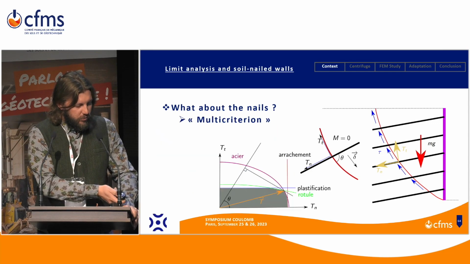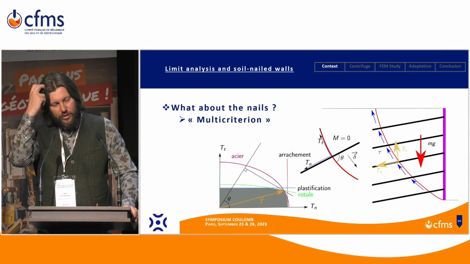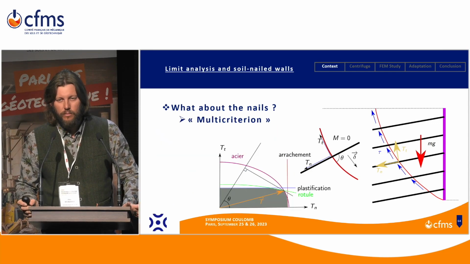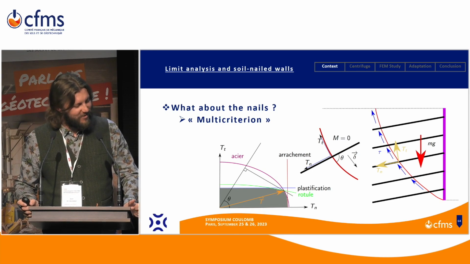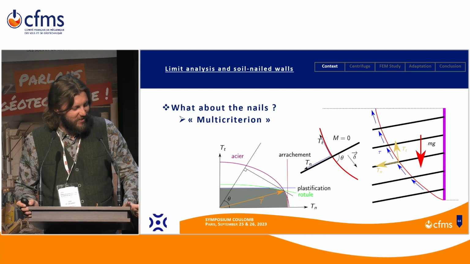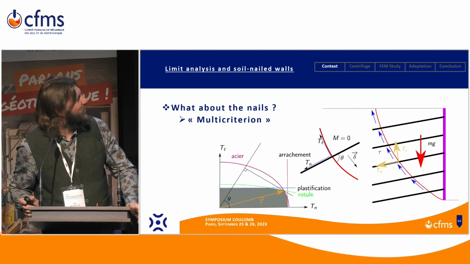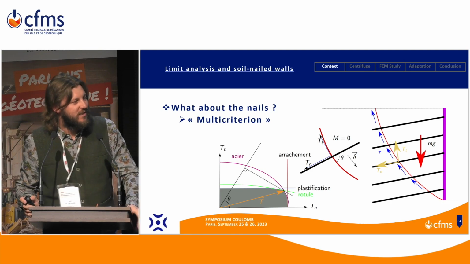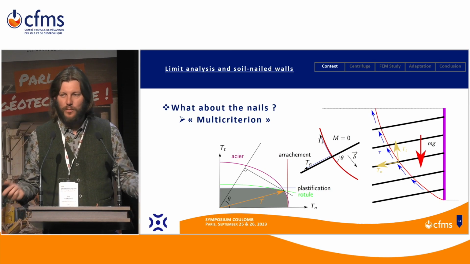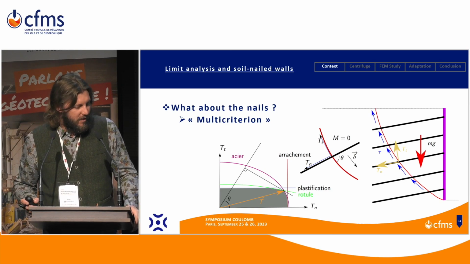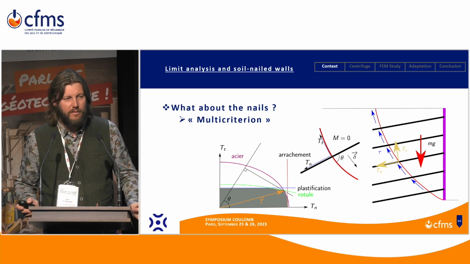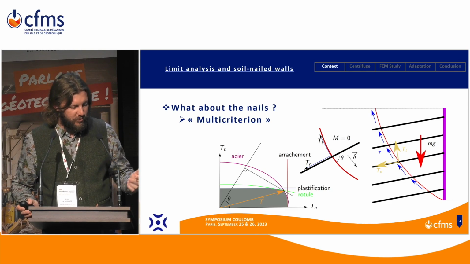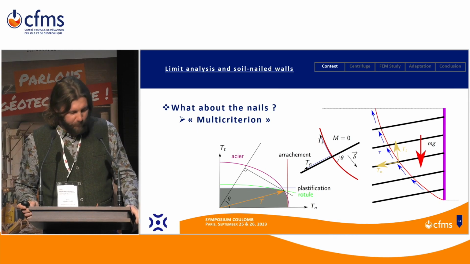To do so, what is generally done is to use what is called a multi-criterion. You combine 4 criteria. It's in French. Let's say it's a bilingual symposium. The first criterion is just the strength of the steel. The vertical line is the pull-out criterion, the nail pull-out resistance.